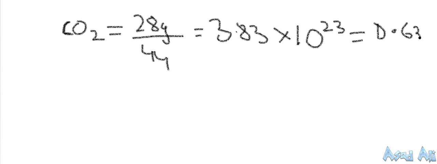In 0.63 moles, there are 3.83 × 10^23 molecules. Now we are moving towards stoichiometry, and you also have to know that carbon dioxide is usually a gas.